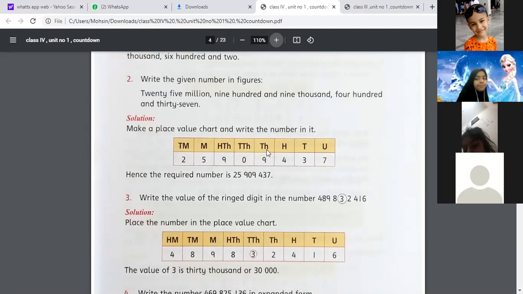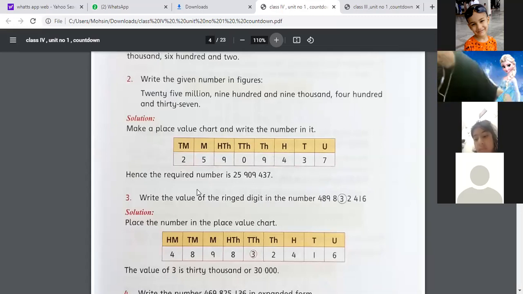After 100 we know 1000 comes, after 1000 10,000 comes, after 10,000 100,000, then million and 10 million. So if the required number is like this, 25 million 909,437, you can read or write your values like this easily.